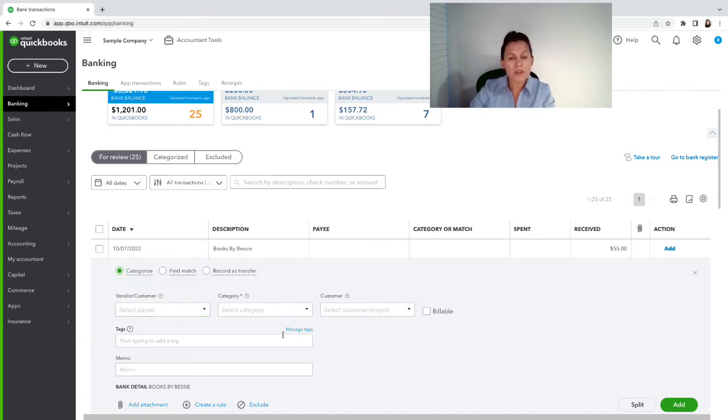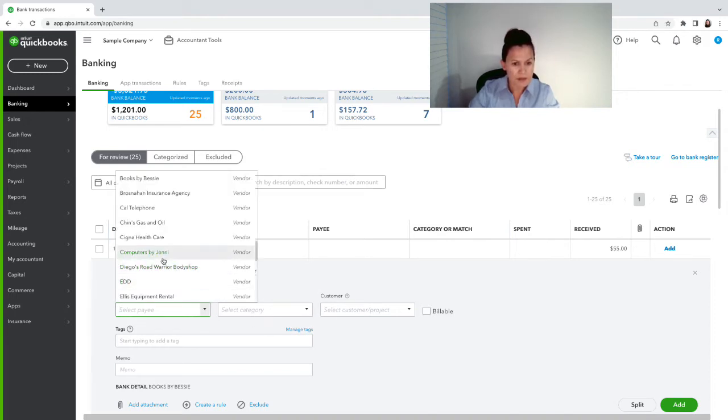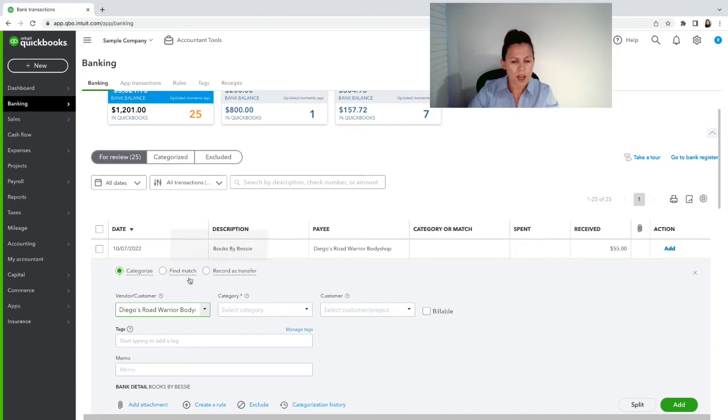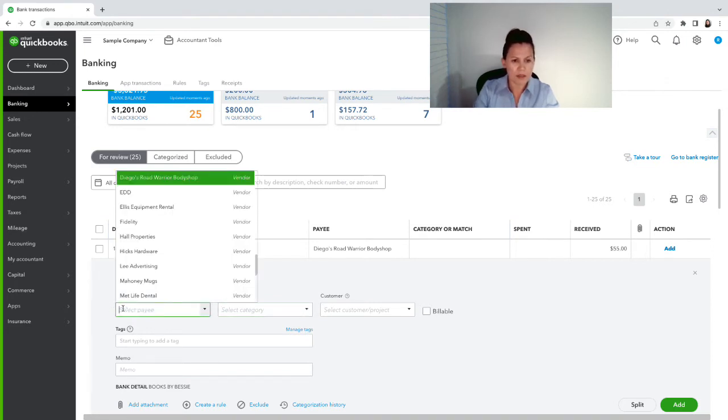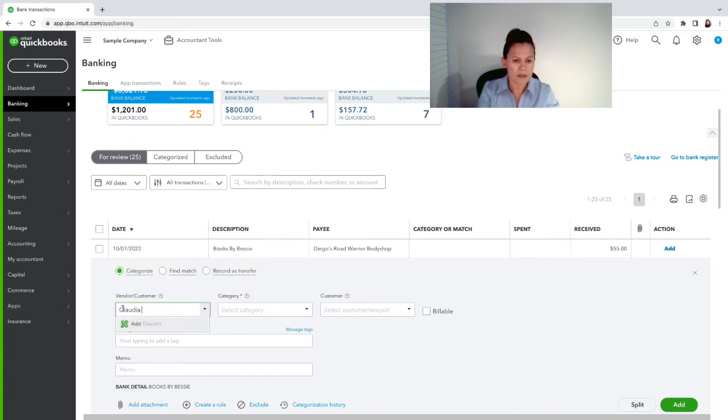So let's suppose this is a transfer, but I'm just going to categorize. I'm just going to select a name here, Diego's Body Shop. Oh, actually, if it is my money that I'm putting in, then we are going to put my own name as the vendor.